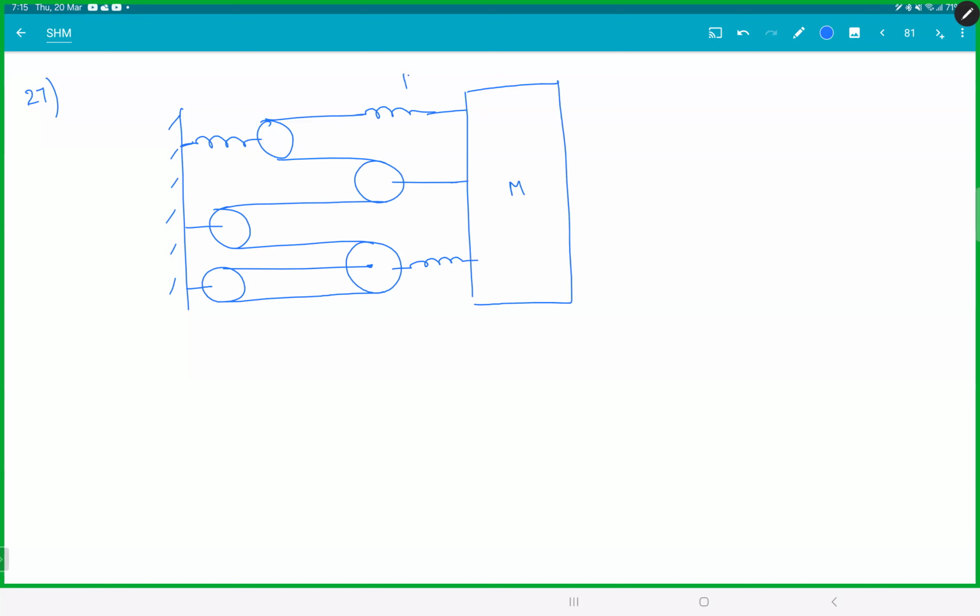We have a block like this, with K1, K2, K3.